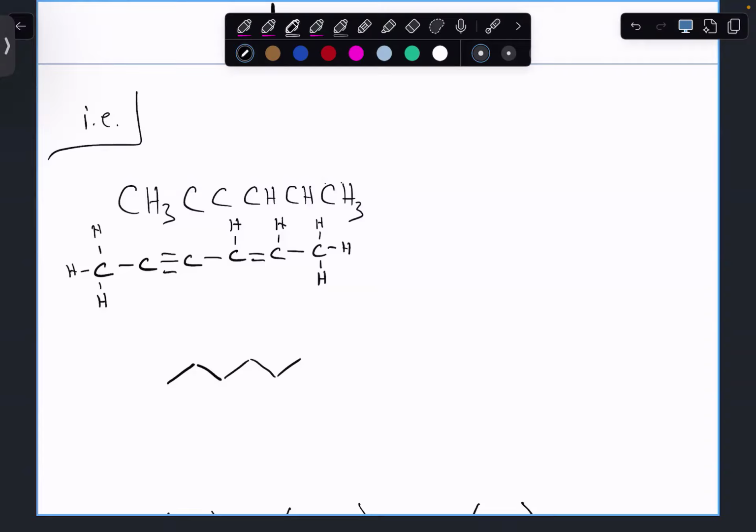So we've got to add in those multiple bonds. What we see is that we have a triple bond at carbon number 1 at carbon 2. So I'm going to go ahead and put that in. There's carbon 1, there's carbon 2. So between carbons 2 and 3, I need a triple bond right there.